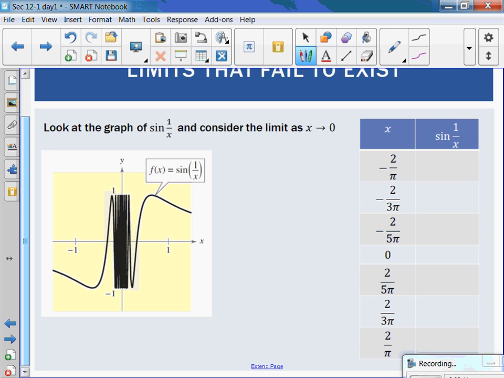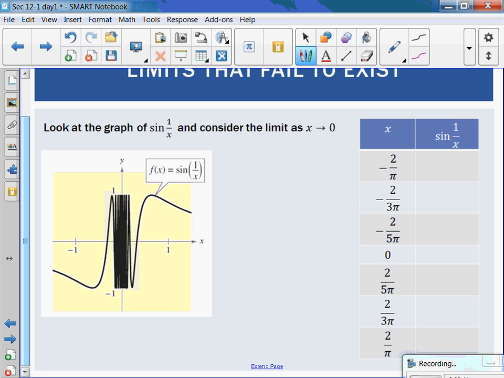What is 1 over negative 2 over pi? A negative pi half. So negative pi half has a sine value of -1.